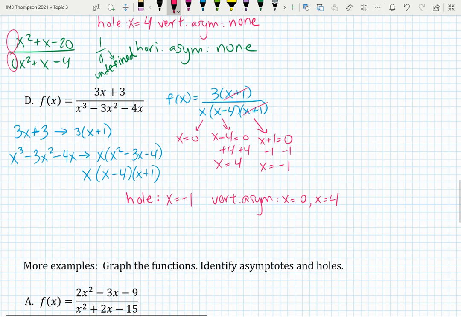I'm going to pause and ask you to try to find the horizontal asymptote before I give it to you. So take a look at the rules, see what you need, see what you're missing, write it in.